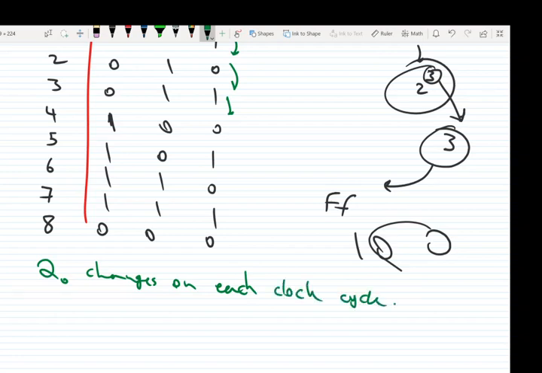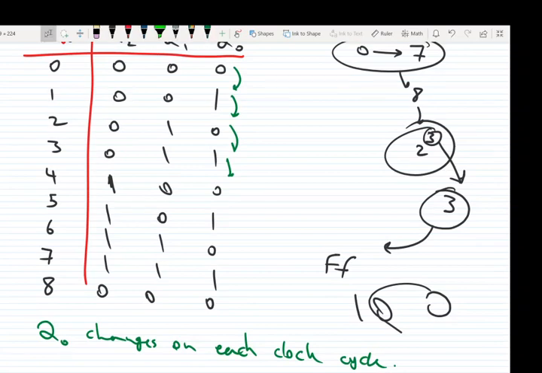Let's look at Q1. Q1 changes only when Q0 is 1. You see, Q0 is 1, Q1 changes. Q0 is 1, Q1 changes. Q0 is 1, Q1 changes.